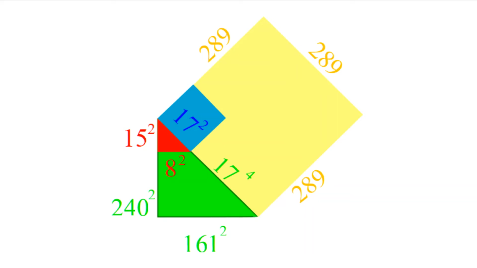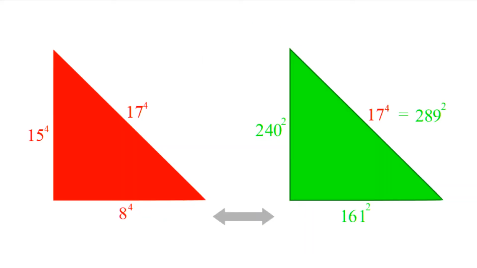However, we encounter a major discrepancy. Even though 17 to the fourth power is indeed 289 squared, we see that 8 to the fourth power does not equal 161 squared, and that 15 to the fourth power does not equal 240 squared.